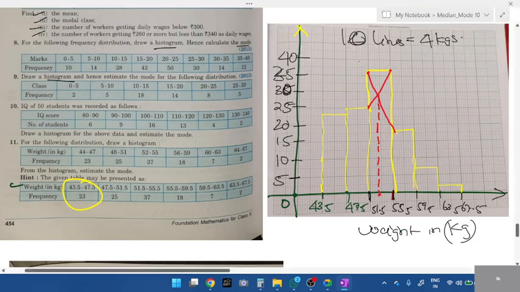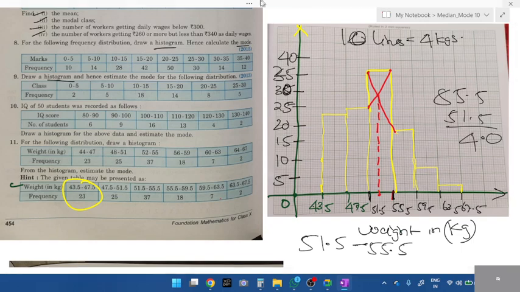Next I teach you the calculation. How many lines are there in each box? 10 lines is equal to how many kgs? What is the difference? Let me take 55.5 minus 51.5. How many kgs in each box? Subtract it. 55.5 minus 51.5 is 4.